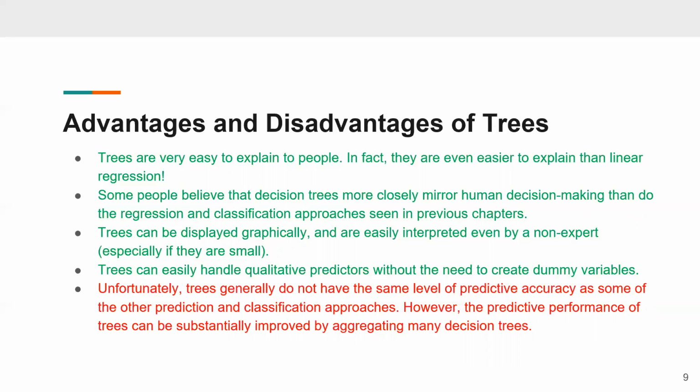Unfortunately, trees generally do not have the same level of predictive accuracy as some of the other prediction and classification approaches. However, the predictive performance of trees can be substantially improved by aggregating many decision trees. That's something we're going to discuss next, essentially ensemble methods and random forests.